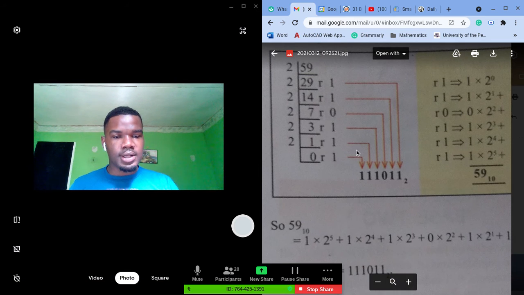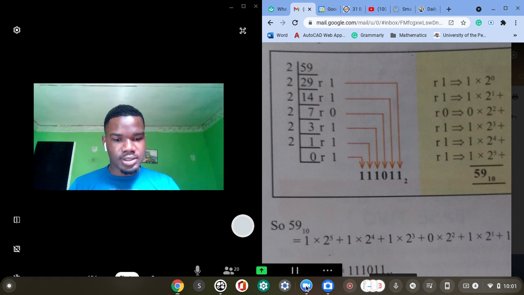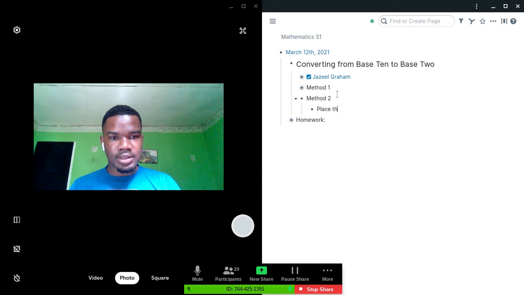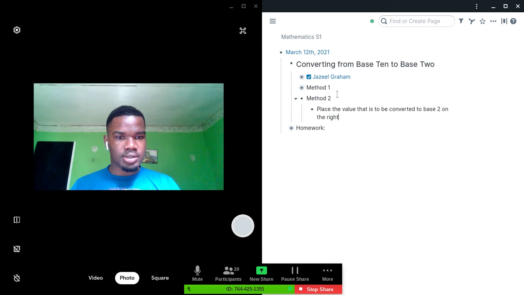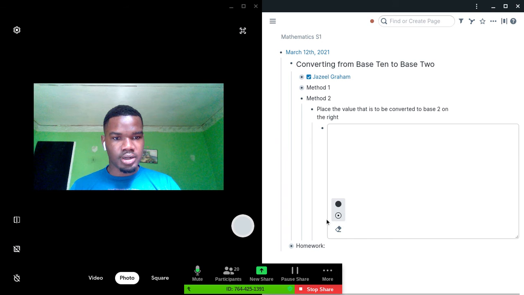Repeat, sir. So let me write it down just in case. And I'm recording as well. You're going to say place the value that is to be converted to base 2 on the right. For example, let me draw it right here. If I want to convert 59, I put 5.